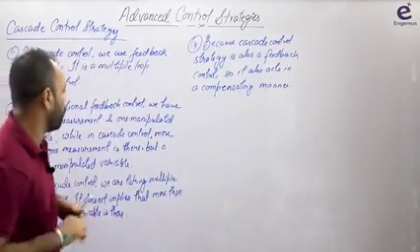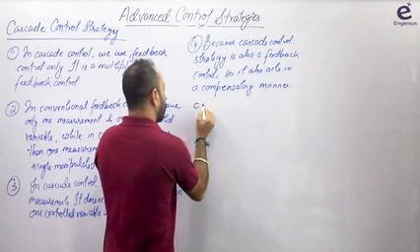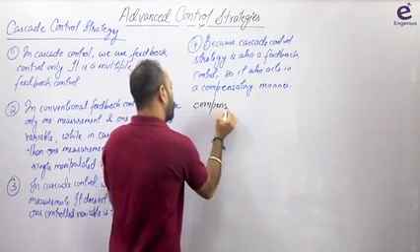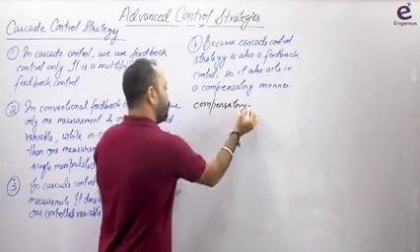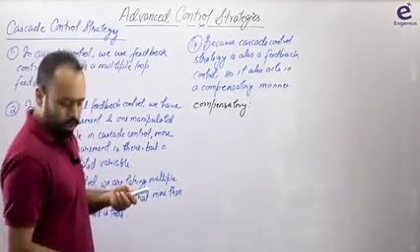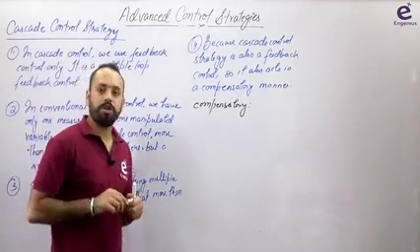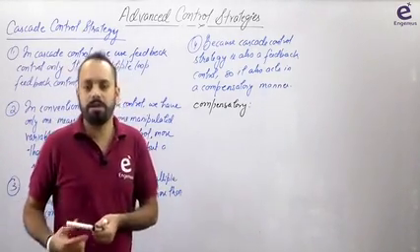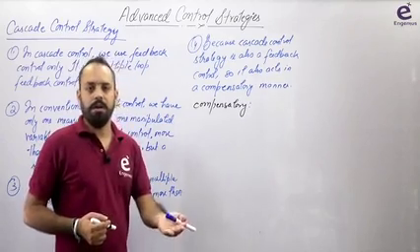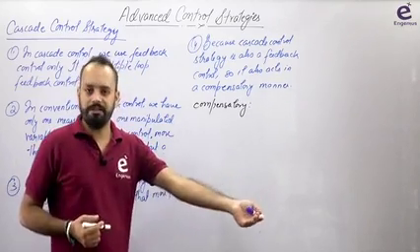What is the meaning when I say compensatory? Write it down now. Compensatory means first the system will feel the effect of disturbance and thereafter the controller is going to take corrective action.